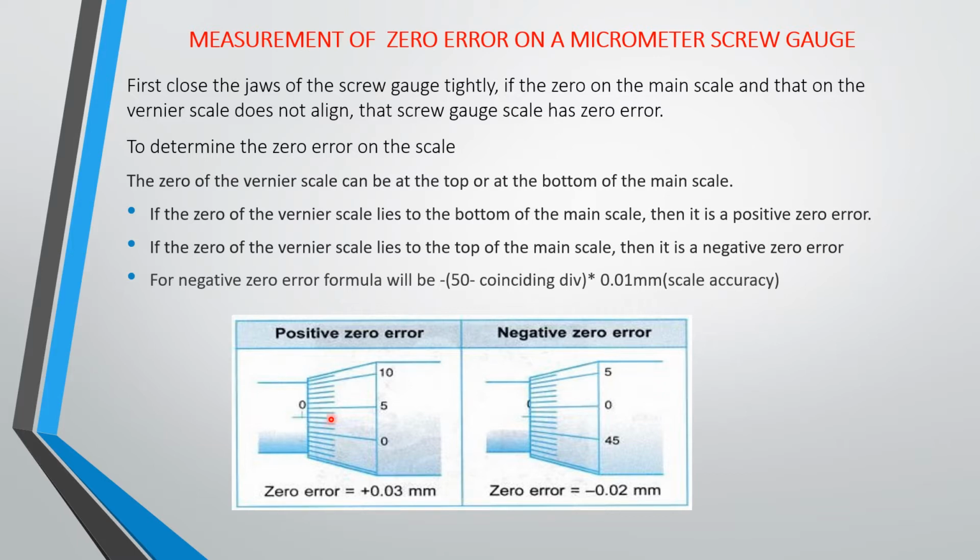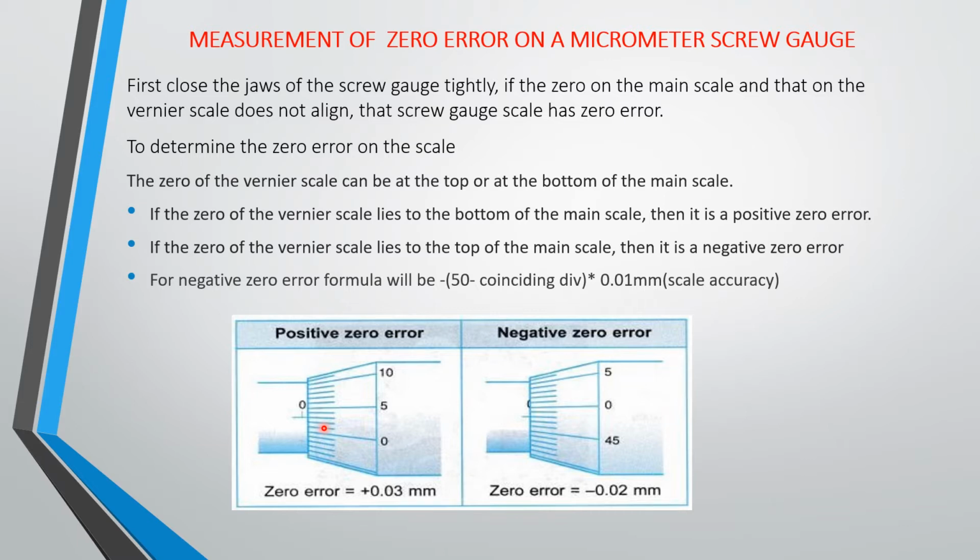So for this scale reading, your zero error will be positive 0.03, because you multiply your reading on this vernier by the accuracy of your micrometer screw gauge, and the accuracy of a micrometer screw gauge is 0.01 millimeters. So if this is 3, multiply the 3 by 0.01, and you are going to have 0.03 millimeter.